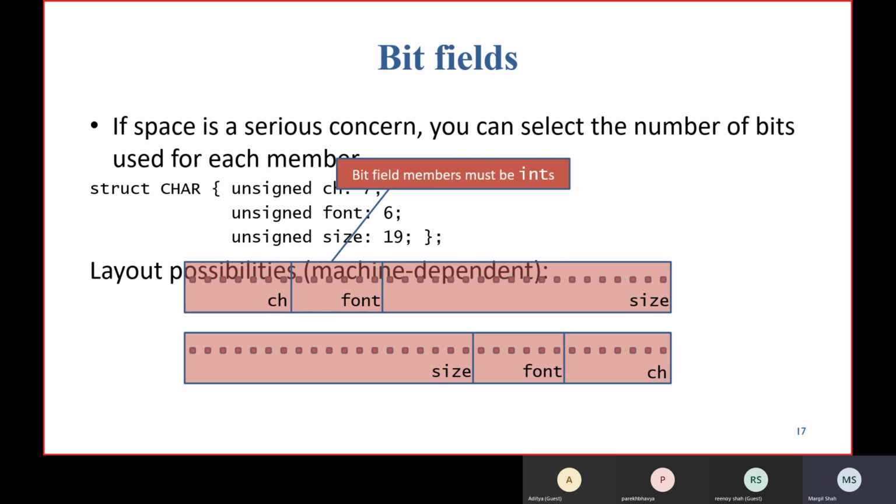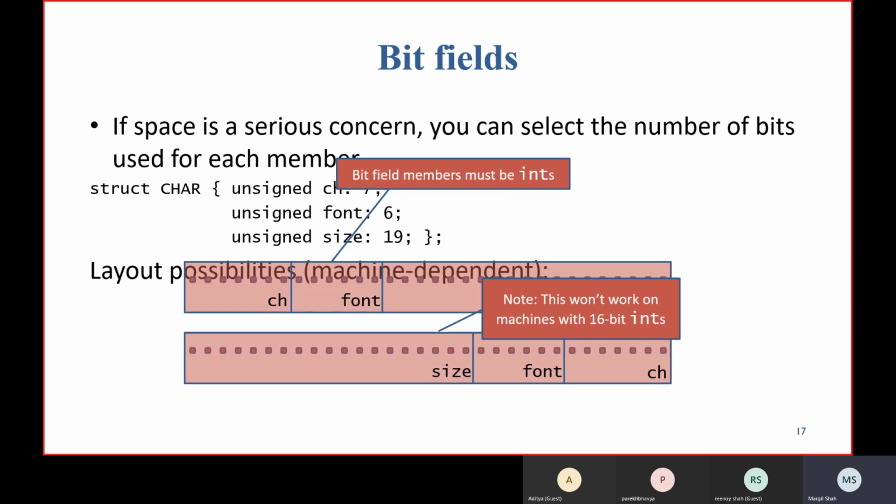Okay, bit field members must be integer. That is required if we are looking for a memory concern, and if we are trying to store the value in a bit format, we should have a data type integer only. If we do not explicitly mention it, and only unsigned, by default the type of the data is integer.